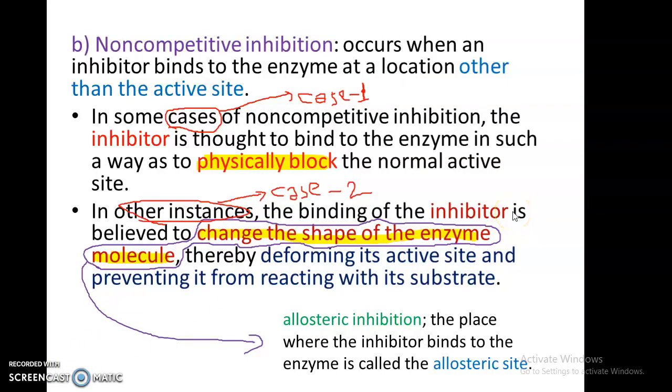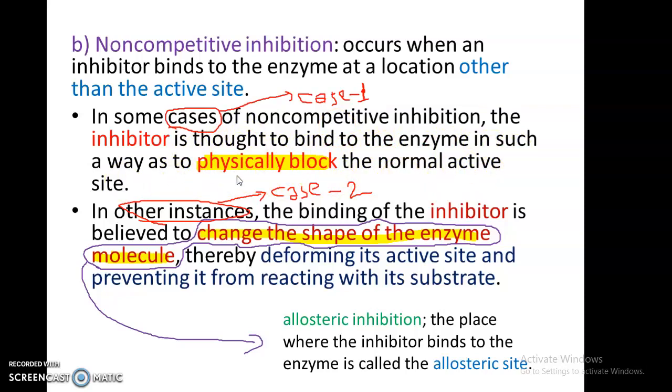Now, how these non-competitive inhibitors inhibit the enzyme's activity. In some cases of non-competitive inhibition, the inhibitor is thought to bind to the enzyme in such a way as to physically block the normal active site.